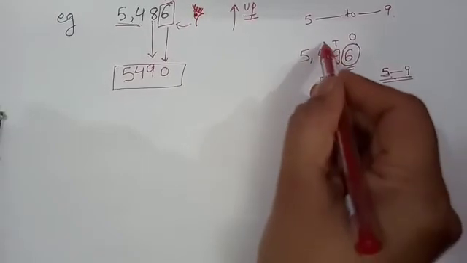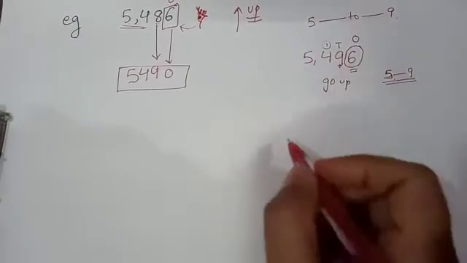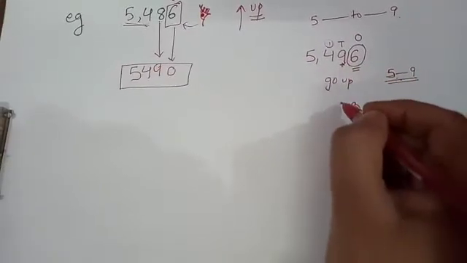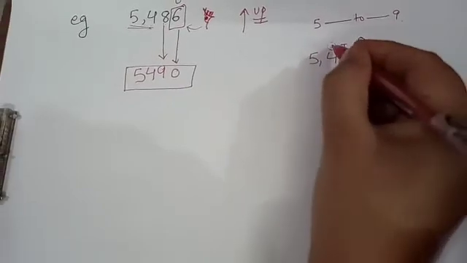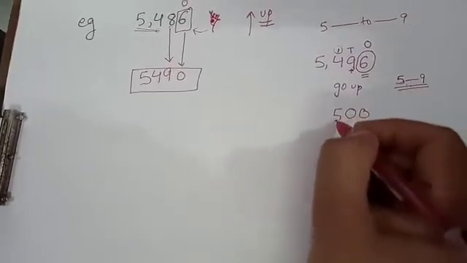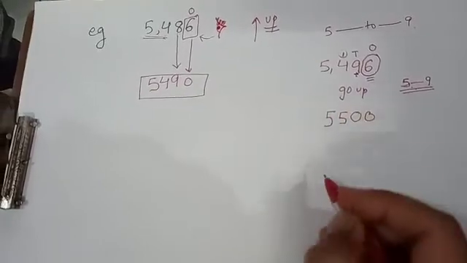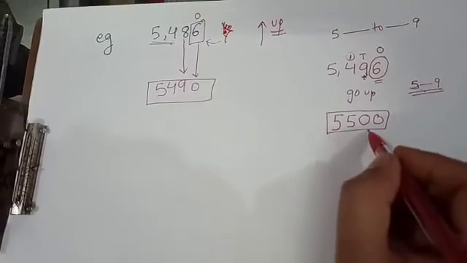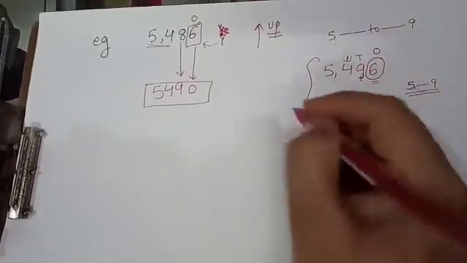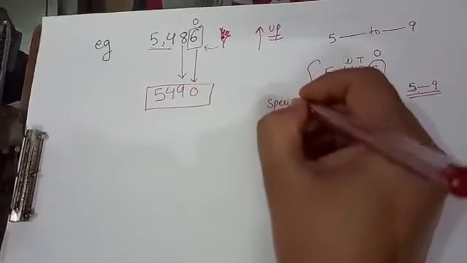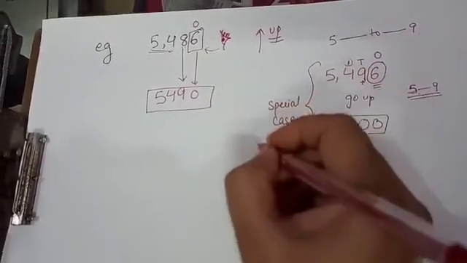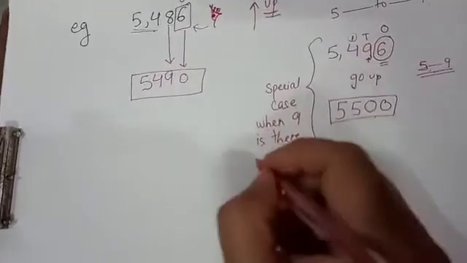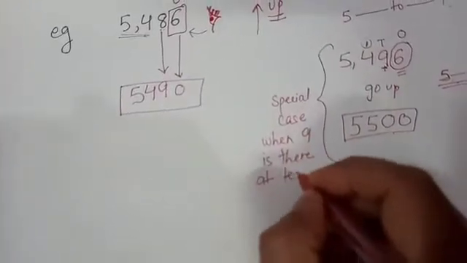So we will give this carryover. So this becomes 0. 9 plus 1, 10. So I will write a 0. Then this carries over to the hundreds digit. This will be 5. This will be again 5. So in such a case, we have the value 5500. So these are some special cases when 9 is there at tens place.